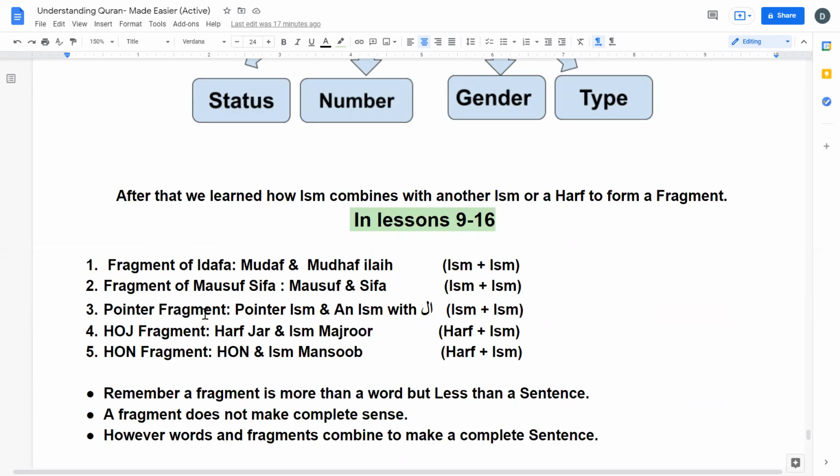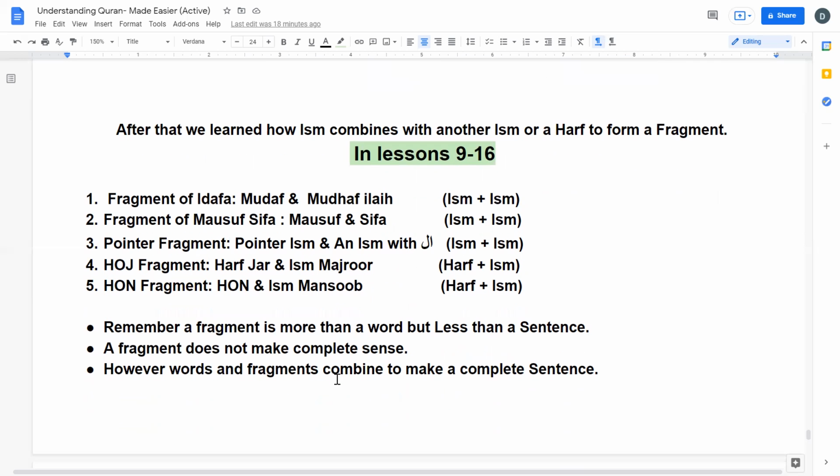And fragment of mausuf sifa, again a combination of 2 ism, in which one ism is the mausuf, the one described, and the other ism is the describer. They describe something about the mausuf. And then we learned a pointer fragment, in which there's a pointer ism followed by an ism with al. Again a combination of 2 ism.